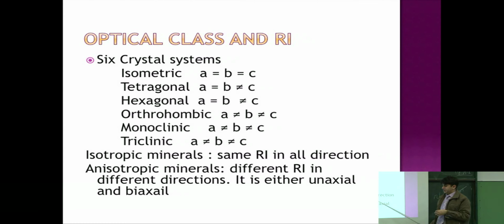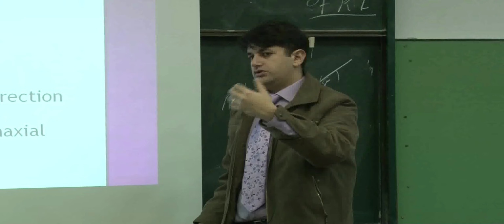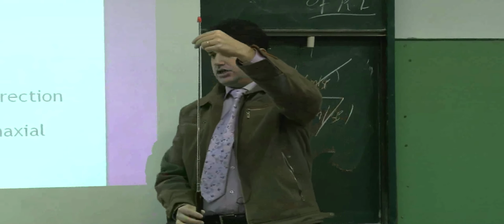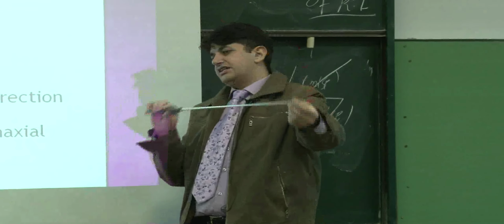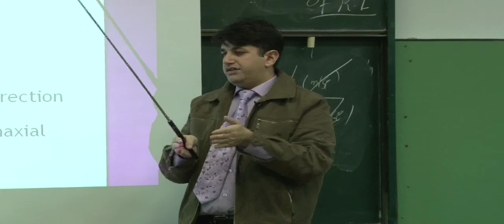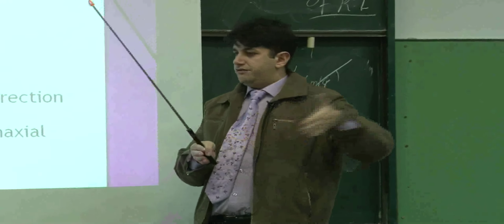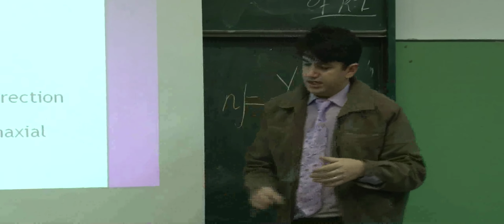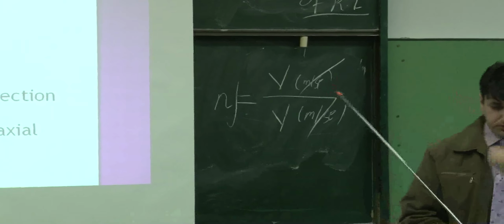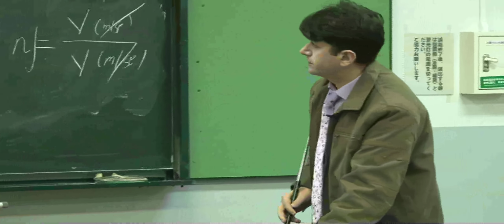They have different refractive indices because the axes are not equal. We may have a short axis in one direction and a long axis in another, so we have different electron density and different distance. So we have anisotropic and isotropic, and uniaxial indicatrix.